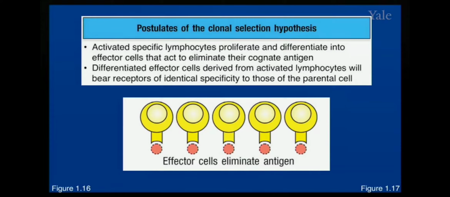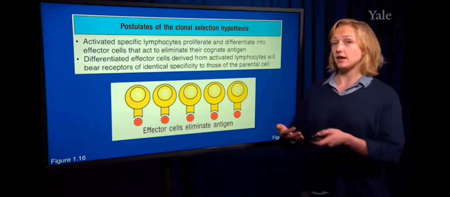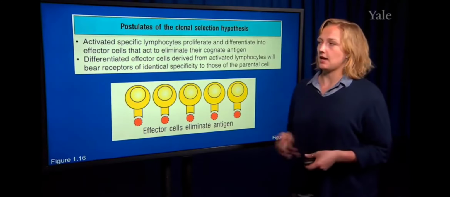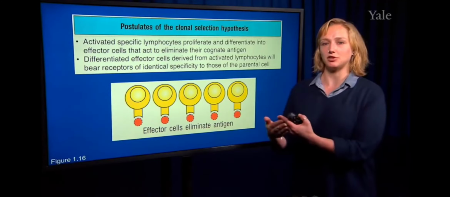As I previously said, lymphocytes before activation have very little active function in the immune system. They only gain a function such that they become effector cells upon interaction with their cognate antigen. And by cognate antigen, I mean the antigen for which the receptor is specific.